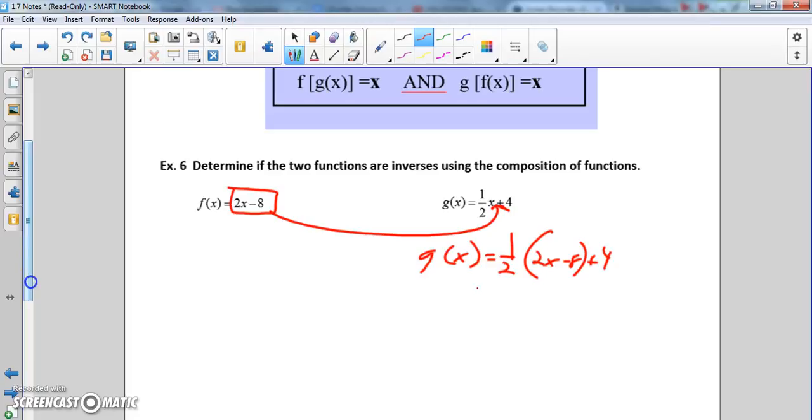So distribute the 1/2 and we get x minus 4 plus 4. Join like terms and we get g of x equals x.